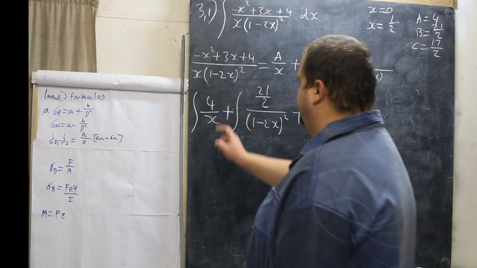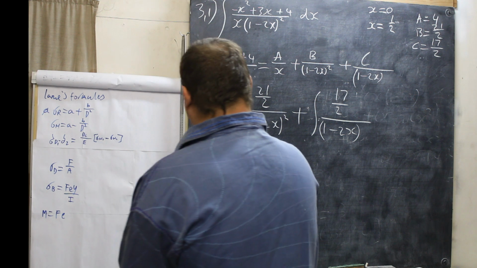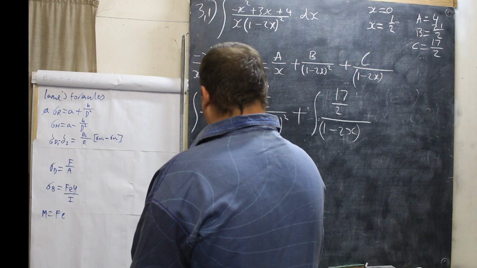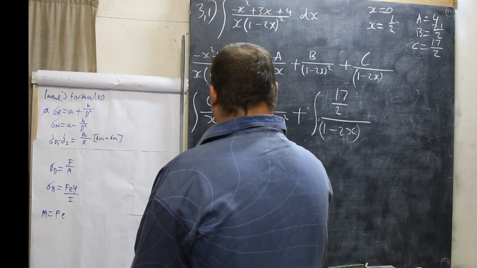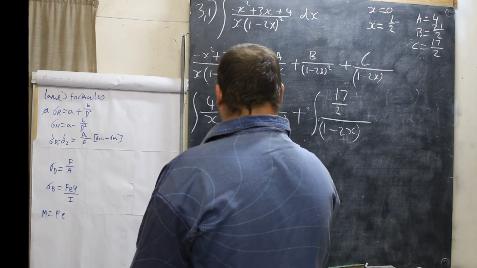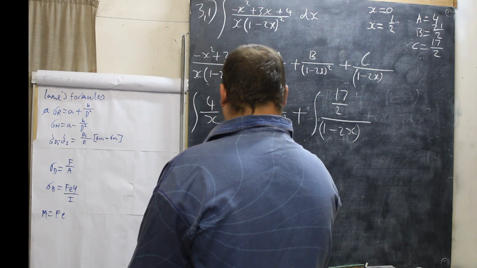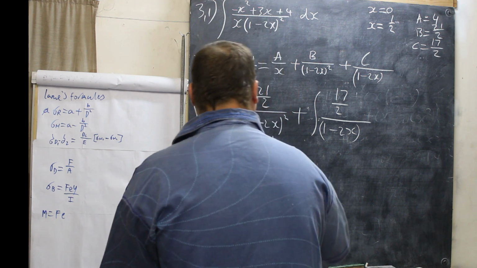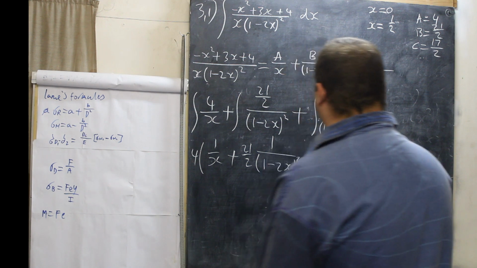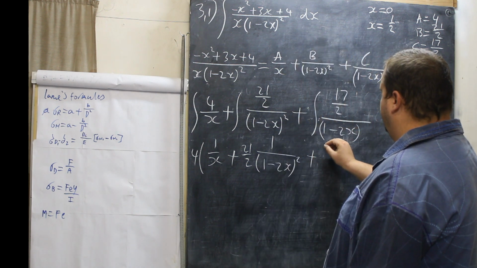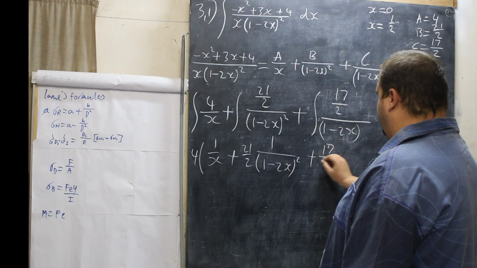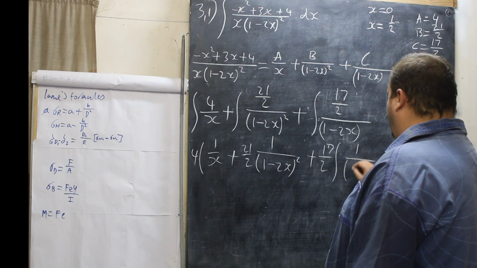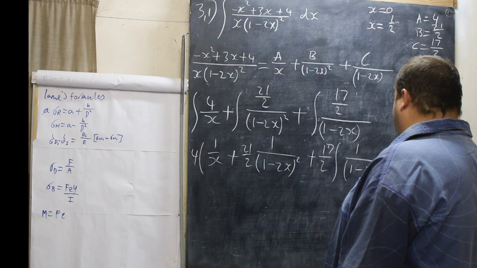This one is pretty simple. We're going to integrate. So 4 times 1 over x plus 21 over 2 times 1 over 1 minus 2x squared plus 17 over 2 of 1 over 1 minus 2x.